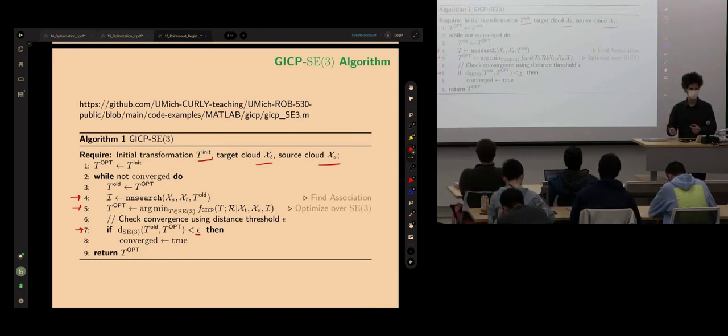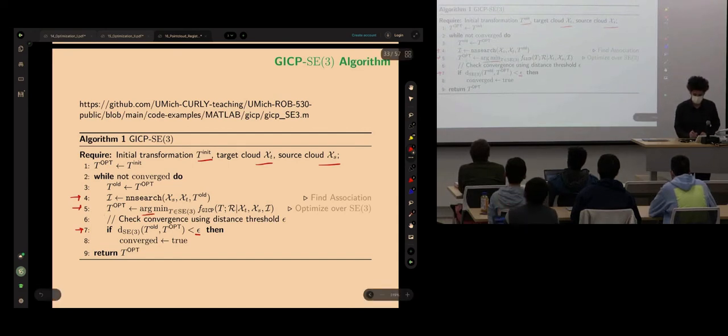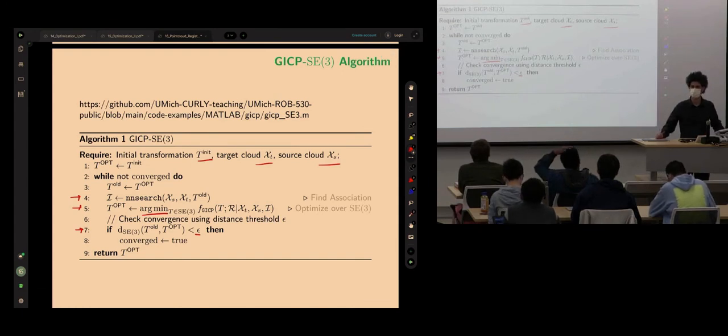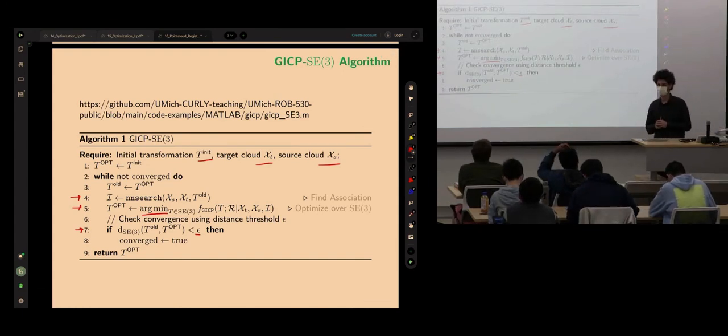You're at the local minimum. Then it's converged, and you can return it. So there are two loops. One is the outer loop that you see to check if there is any change in the transformation as we iterate. And of course, this optimization itself is iterating each time, right? So you have two nested loops.